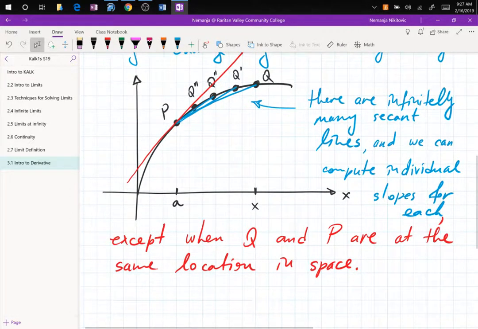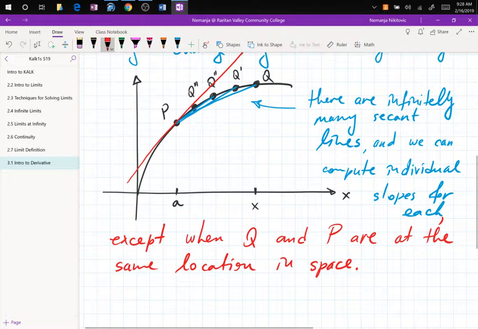So algebra fails at that point because your denominator, which is x minus a, becomes a minus a, which is 0, and you can't divide by 0. So we are not able to compute the slope.